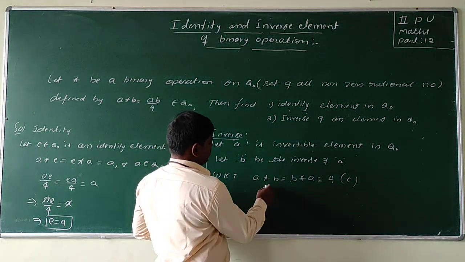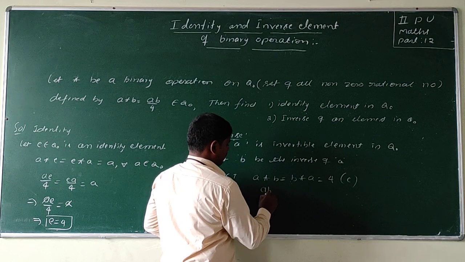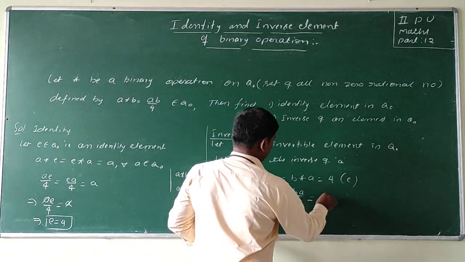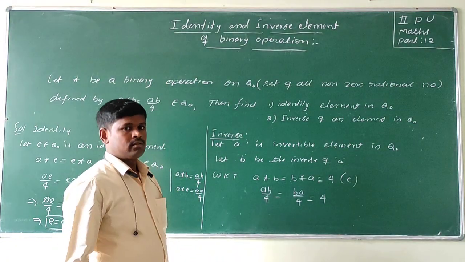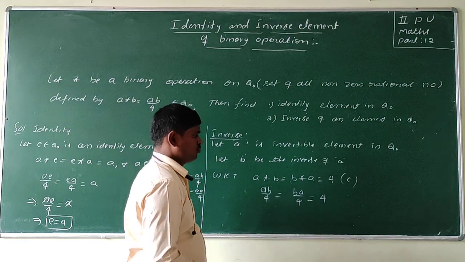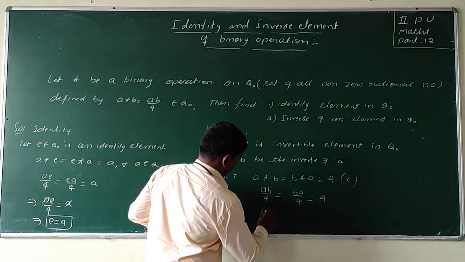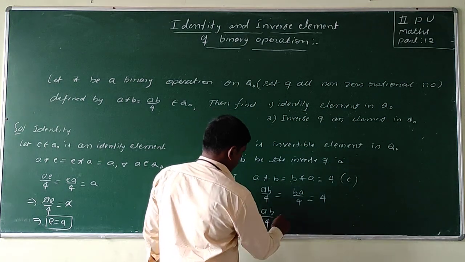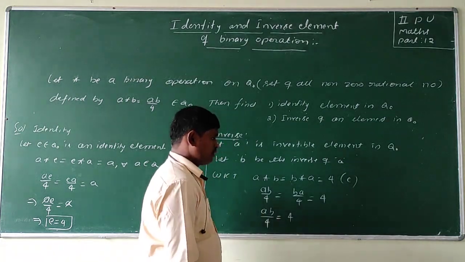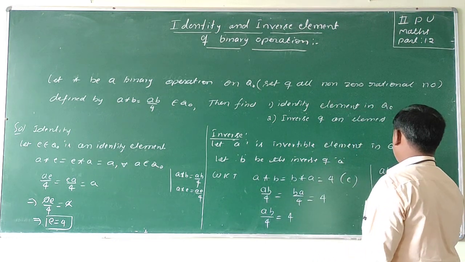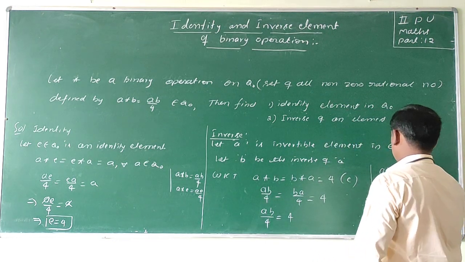So A star B is equal to AB by 4 is equal to BA by 4 is equal to 4. Equate any two, so AB by 4 is equal to 4. Now this implies AB is equal to 16.